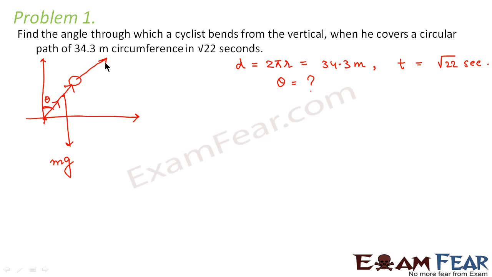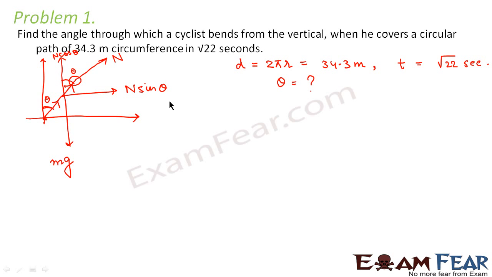Suppose this is theta. Along this direction, the component of normal reaction would be n cos theta, and on this side it would be n sin theta.